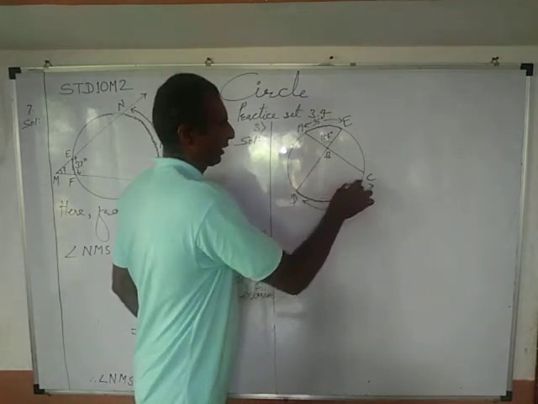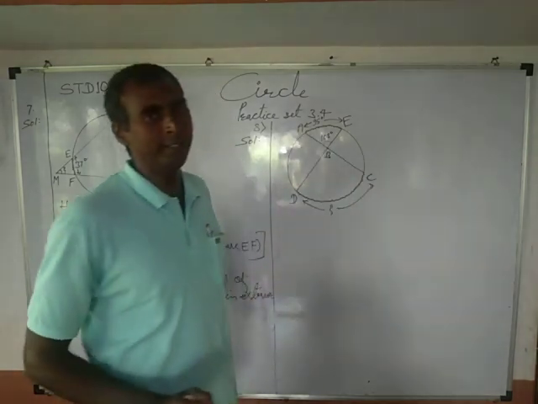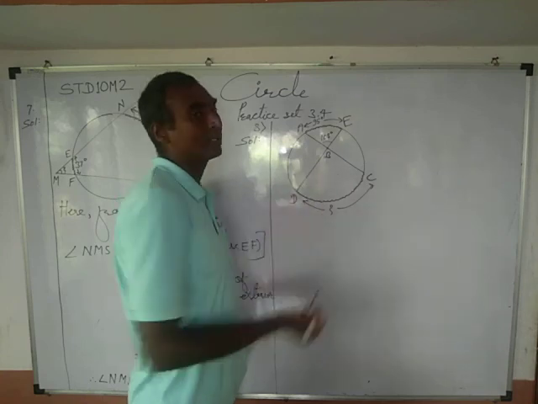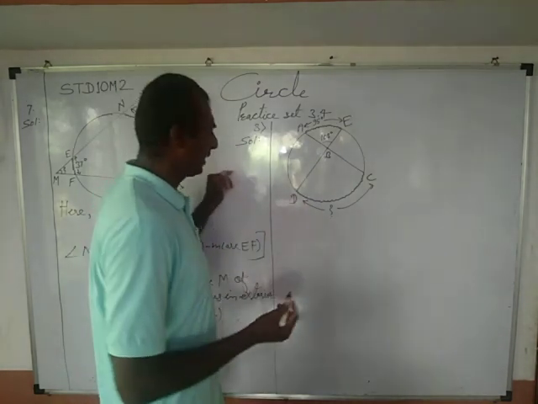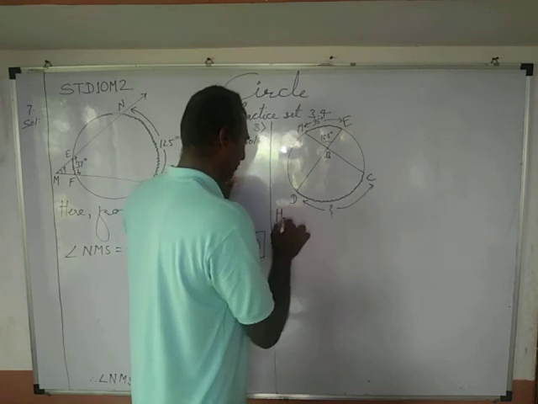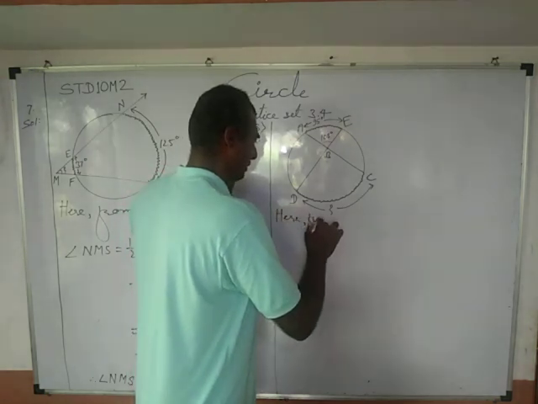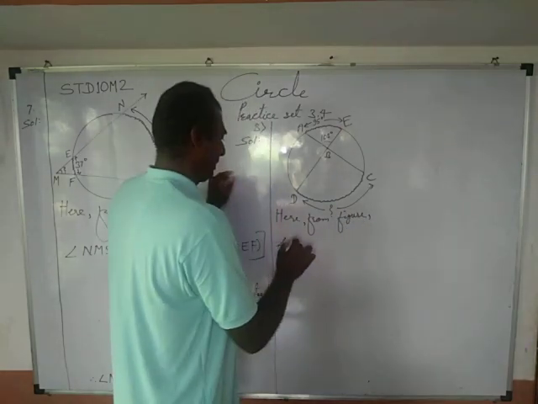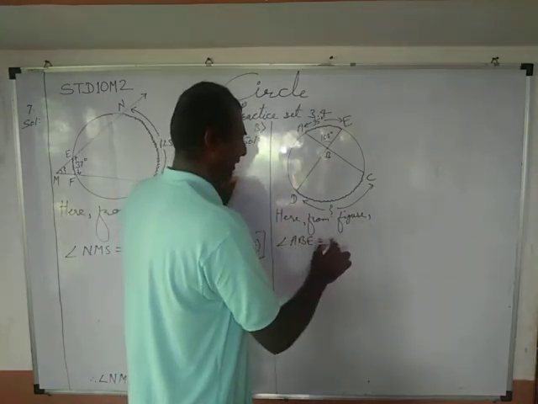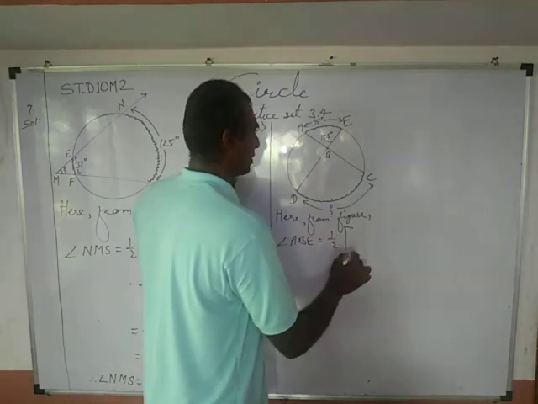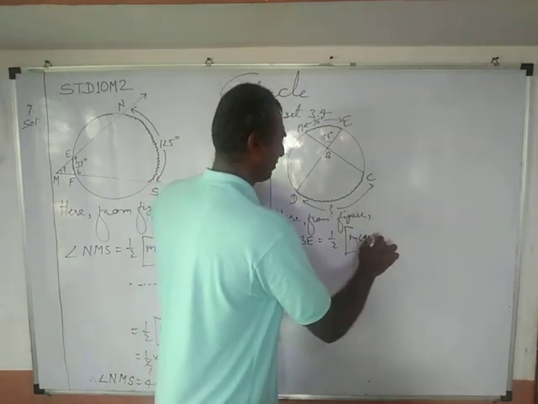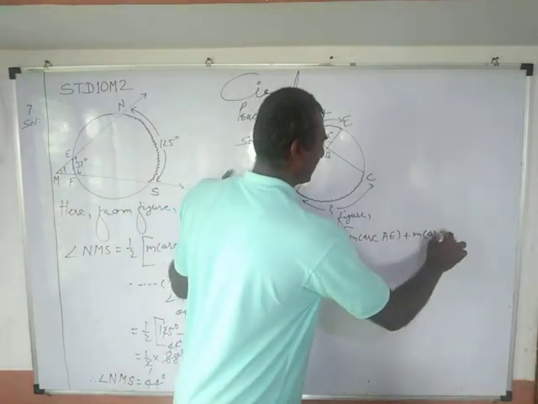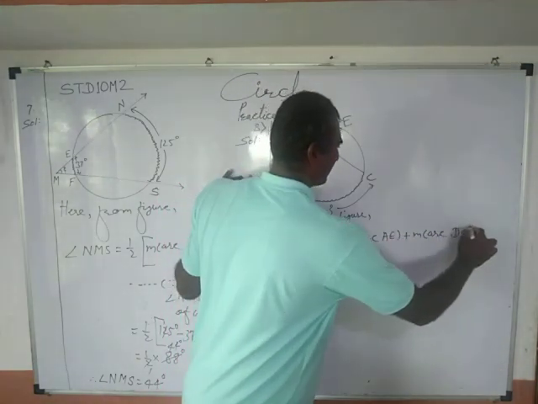Means from figure, angle ABE equals half of measure of arc AE plus measure of arc CD. Okay. Now let's mention here from figure, angle ABE equals half of, in a box bracket, measure of arc AE plus measure of arc DC or CD.